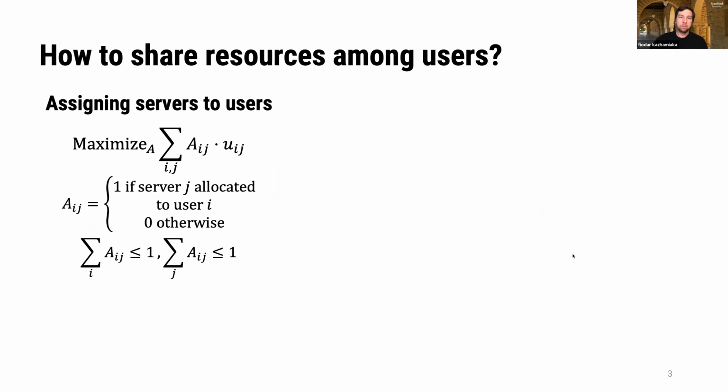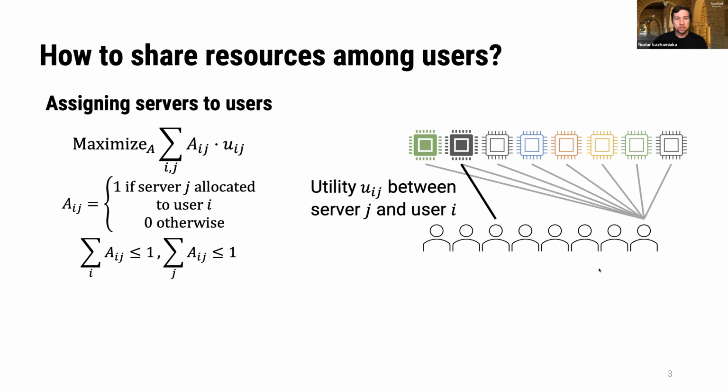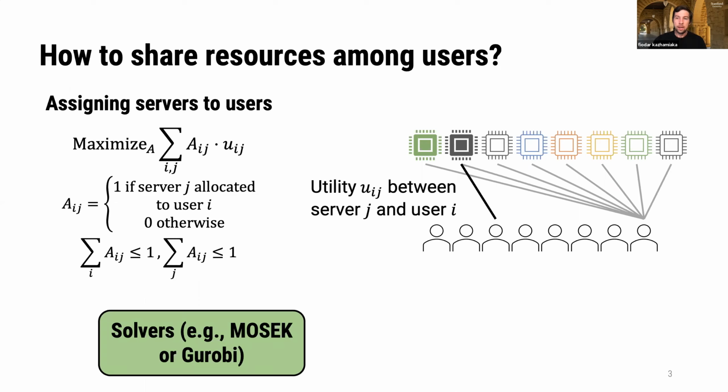As a concrete example of resource allocation problems, let's consider the assignment of servers to users with a simple utility maximization objective. Utility in this case encodes the preference of user I to server J. An example could be the cost to run the job on a particular cloud instance. This resource allocation problem can be formulated as an integer linear program, shown here on the left, and we can approach it in a couple of different ways.